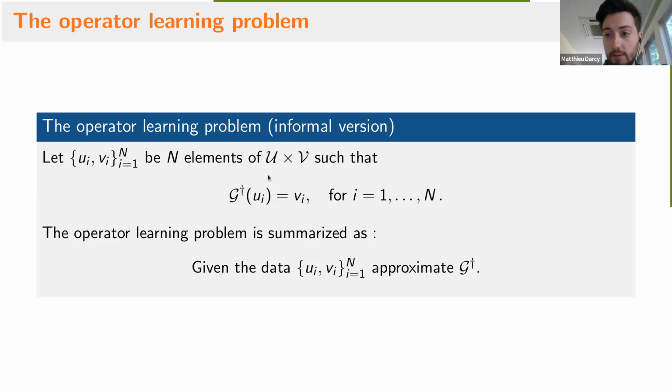In this talk, we think of u and v as spaces of functions, and G is some operator acting on these functions. Given these n samples, we wish to approximate this true operator G dagger.